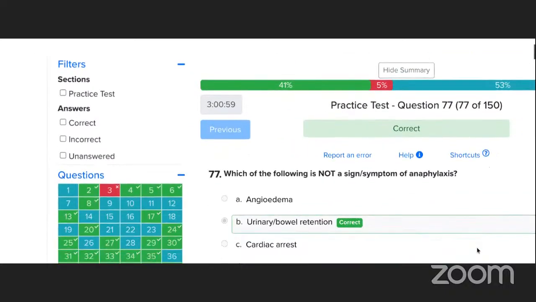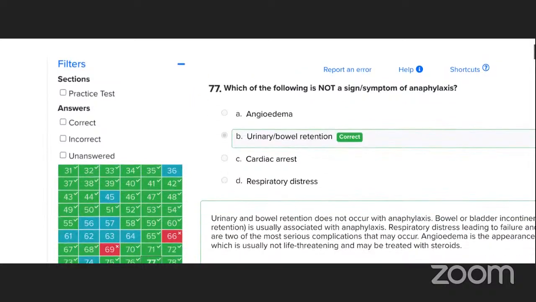Okay, so anaphylaxis, like some type of reaction. Angioedema, like if people are having some kind of systemic reaction, this is like swelling. Cardiac arrest. You could go into cardiac arrest if you're having an allergic reaction.